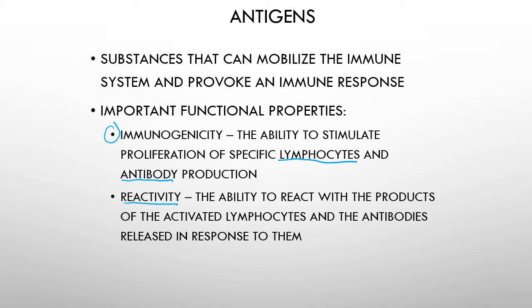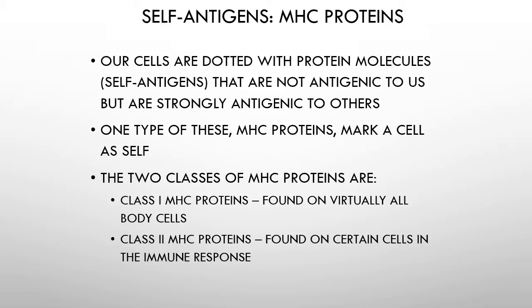So the ability of that antigen to cause a reaction from our lymphocytes and antibodies allows us to destroy them, put an attack on them, and get them taken care of out of the body itself.